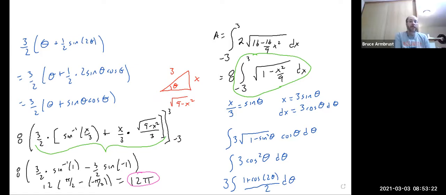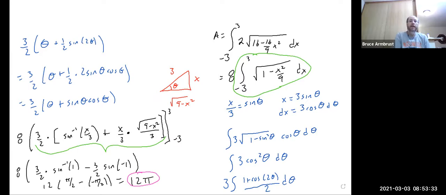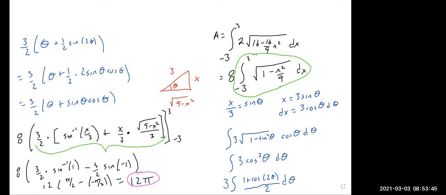If you integrate a constant, there should be a theta on it. If I didn't last time, it was just a brain fart. But anytime you have a constant and you integrate the constant, you get that number times the variable, right? Whether it's an x or a theta or whatever. Yep. Thank you. You're welcome.